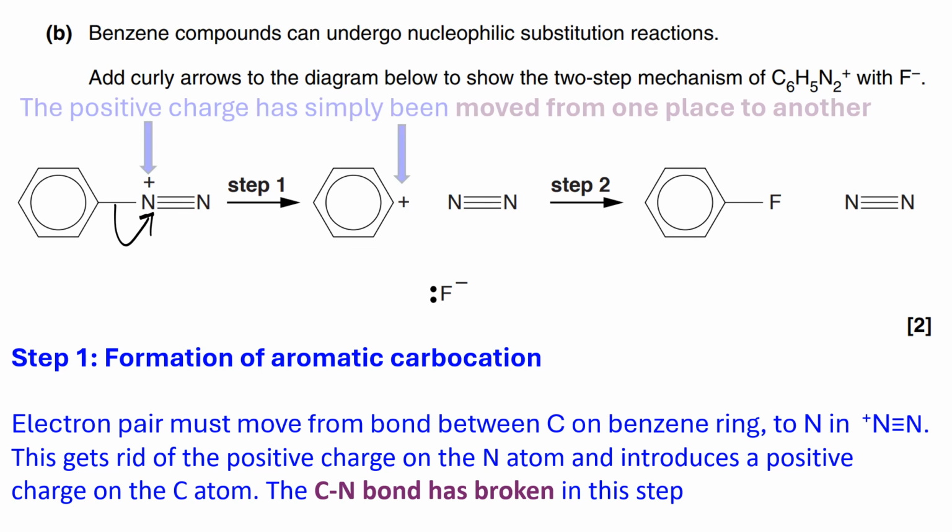Now the next step is where you take the carbocation and you turn it into fluorobenzene. Just a quick note before we do that, the positive charge, like I said, has been moved around a bit. So remember, the positive charge has to be accounted for. We've just moved it from one place to another.